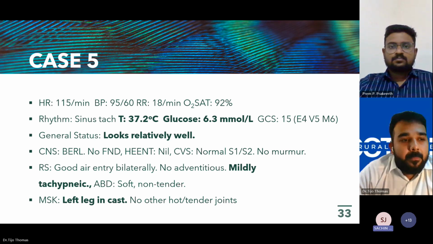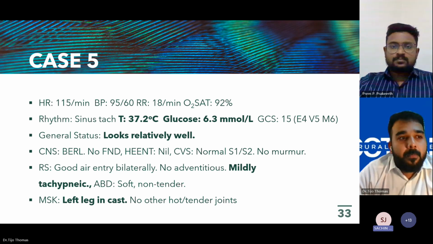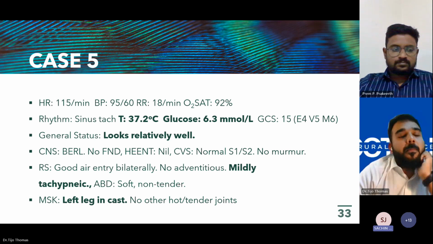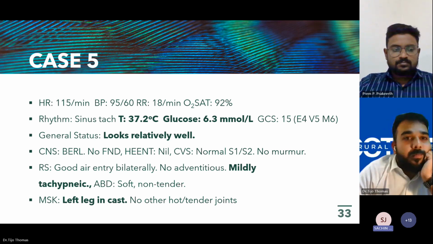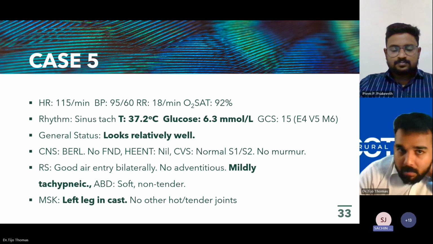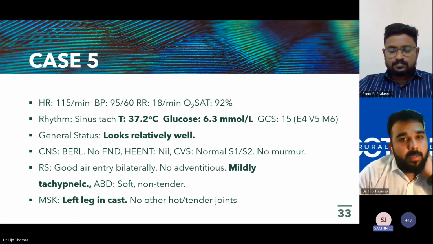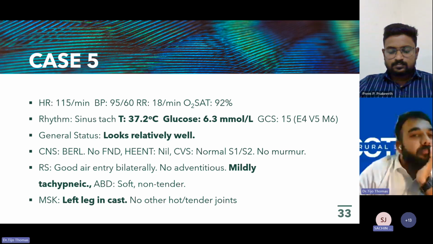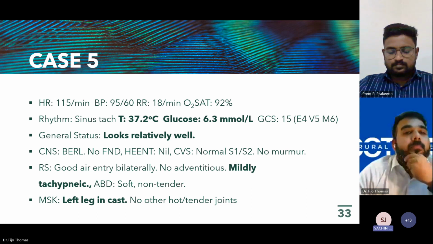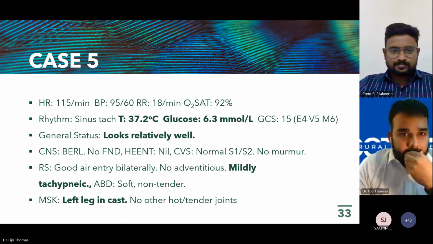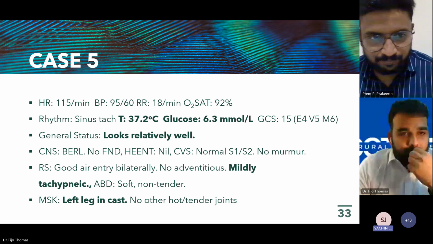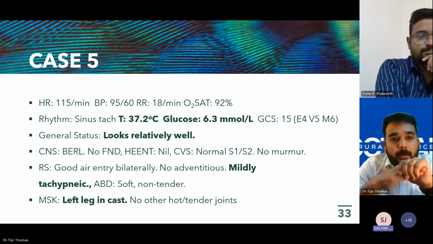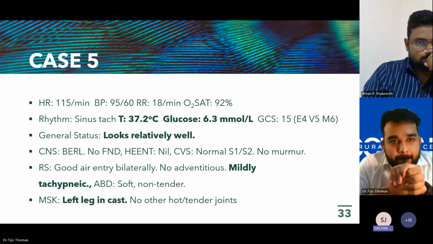CVS examination, rhythm is sinus tachycardia. Temperature is 37.2. Glucose is 6.3. GCS is 15. CNS: pupils react to light, and there's no focal neurological deficit.